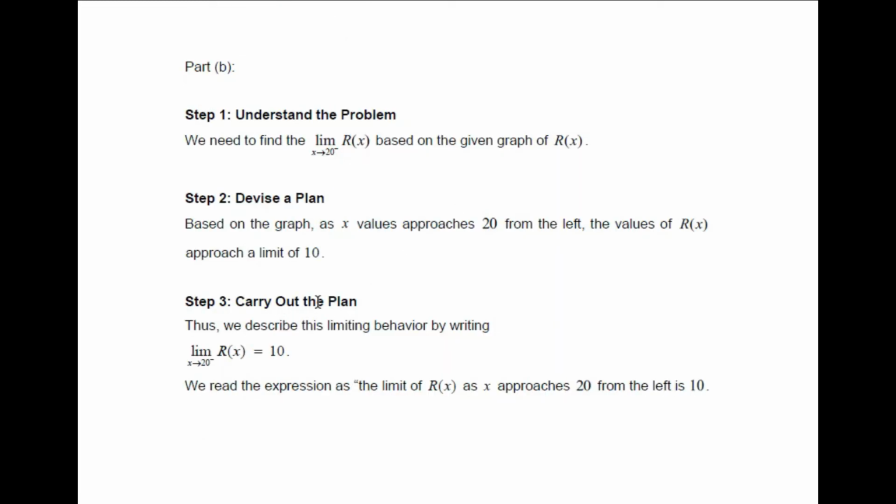So we carry out the plan by describing this limiting behavior by writing the limit of R(s) as s approaches 20 from the left equal to 10. We read the expression as the limit of R(s) as s approaches 20 from the left is equal to 10. So this is the answer for this part.